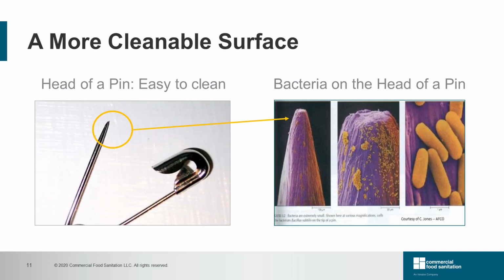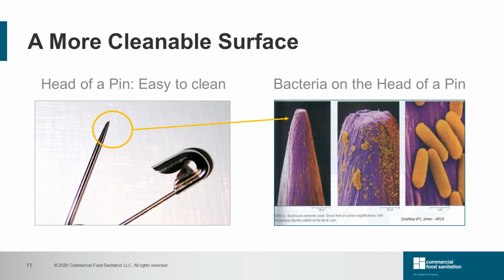On the right-hand side are three pictures from under a microscope that show the same pin as the picture on the left. In the left picture, the tip of the pin looks clean and has a smooth and easy to clean surface. Under the microscope, however, we can see that the pin is covered in bacteria.